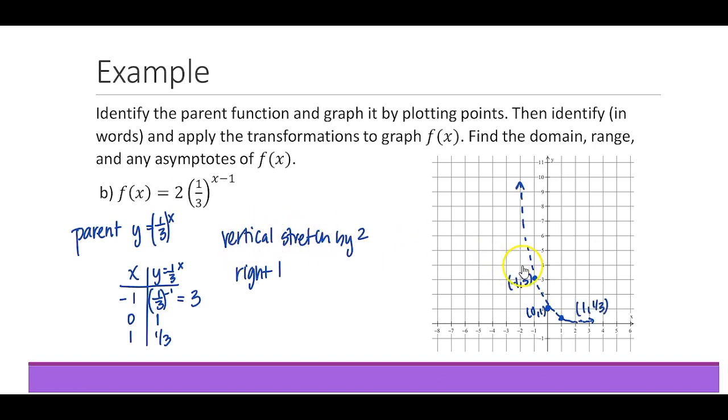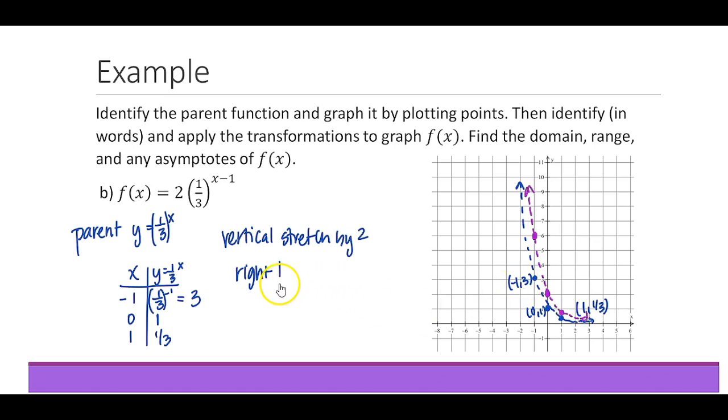Because with a vertical stretch, my y values double. So instead of -1, 3, I'm going to have -1, 6. Instead of 0, 1, I'm going to have 0, 2. The y value will double. And instead of 1, 1/3, I'm going to have 1, 2/3, which is super close because my points are kind of big here. So this is going to be the vertical stretch applied.